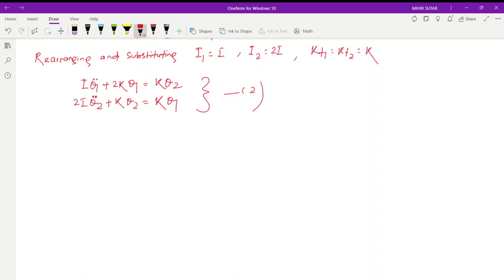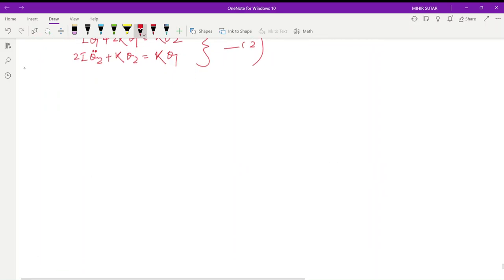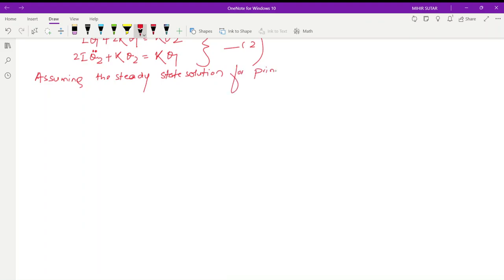Assuming the steady state solution for the principal mode of vibration, theta1 as beta1 sin omega t and theta2 as beta2 sin omega t.